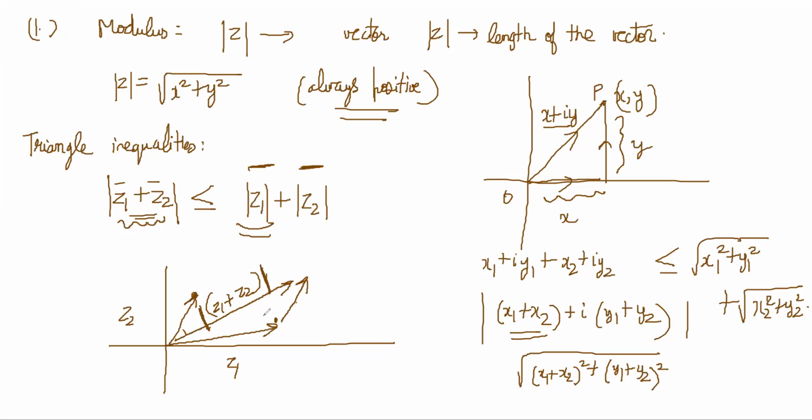In this triangle, one side is mod z1, one side is mod z2, and this side is mod z1 plus z2, right? So you cannot form a triangle if the sum of two sides is less than the third side.